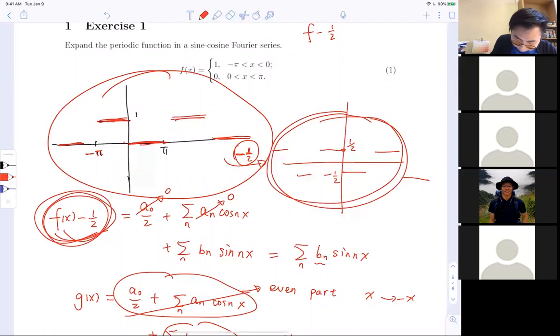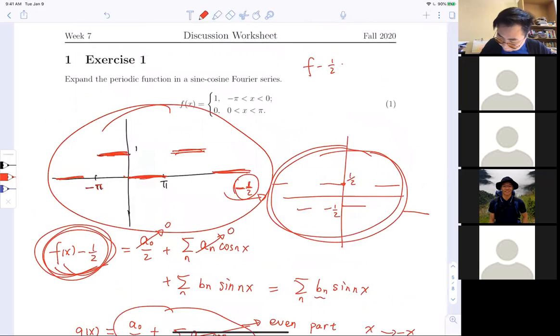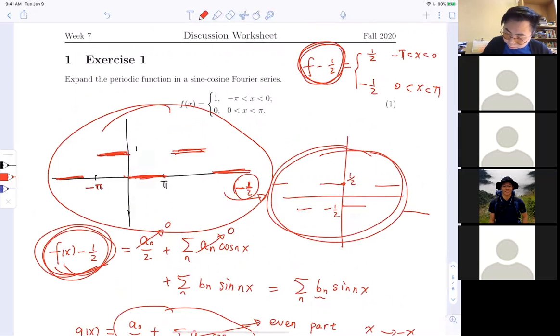So you just repeat this kind of function. Then we notice that if we define f minus 1/2, then it becomes 1/2 from minus pi to 0, and minus 1/2 from 0 to pi. If we regard this guy as a new function denoted as g(x), then the graph for g(x) looks like this.